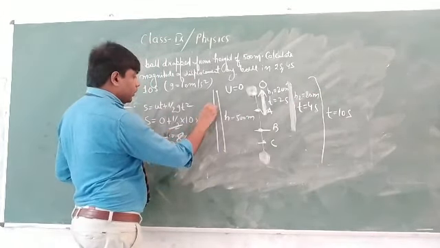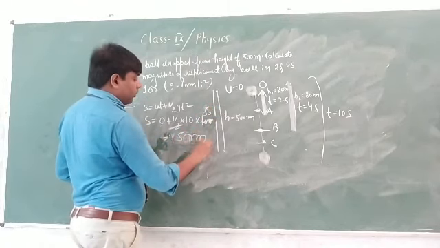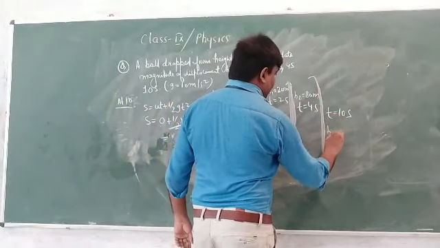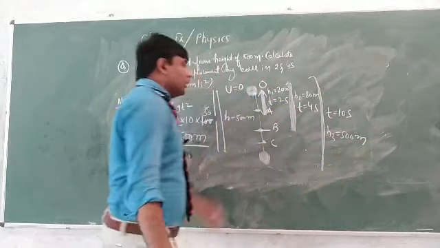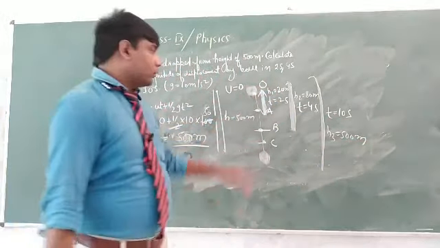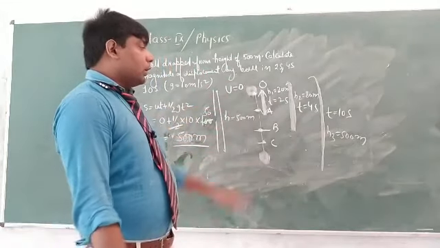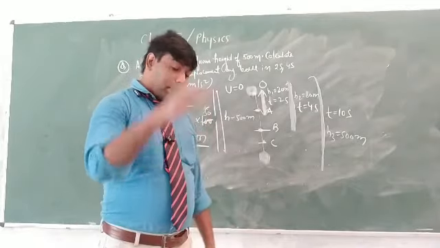So half into 10 into 100 will be 500. We can say it is taking this much time because 500 is the total height of the building, and in 10 seconds it is travelling 500 meters. So in 10 seconds it will hit the ground.